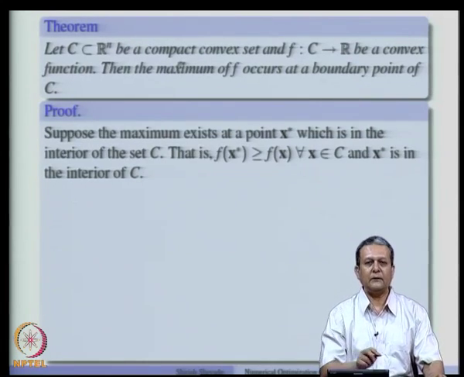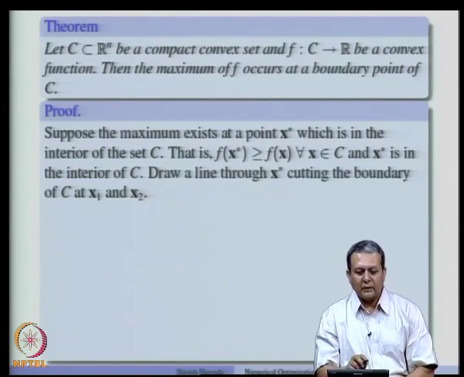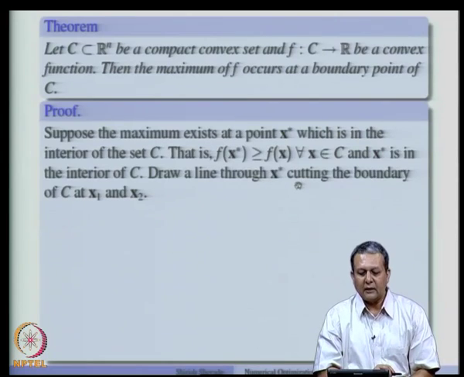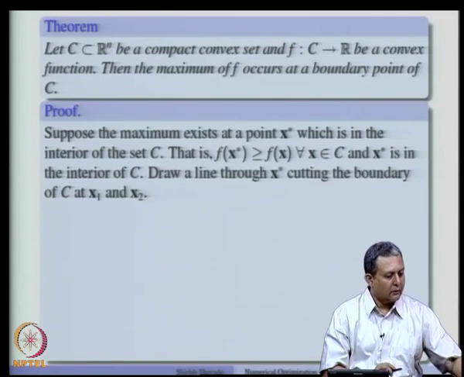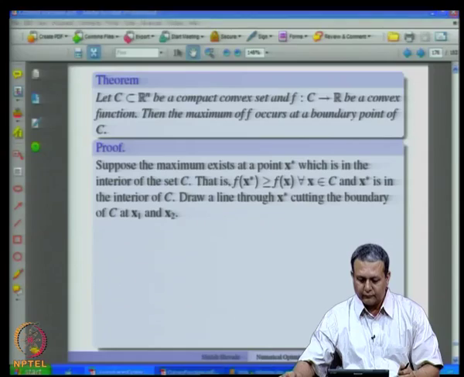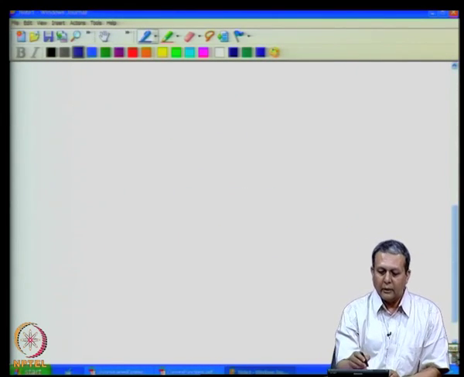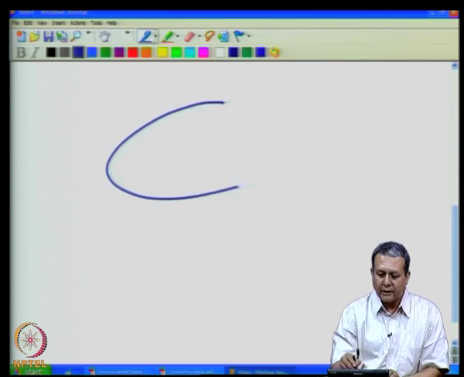Now, the compactness of the set C is very important in this case, and let us try to utilize that. So, let us draw a line cutting through x star and cutting the boundary of C at x1 and x2. Now, remember that we have a compact convex set.